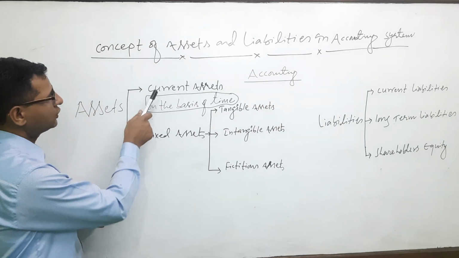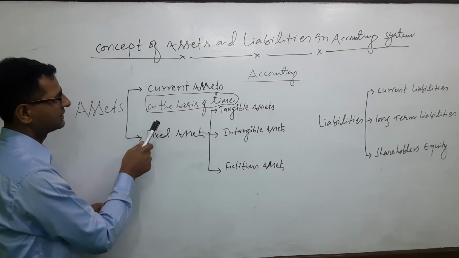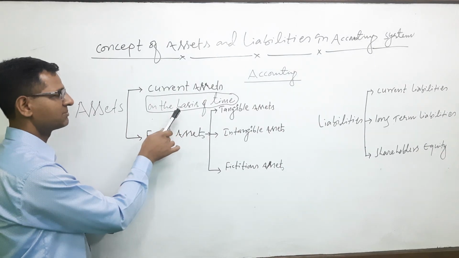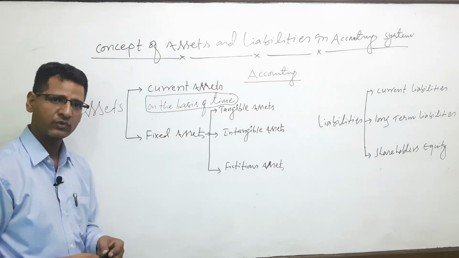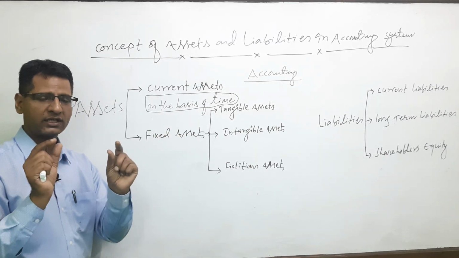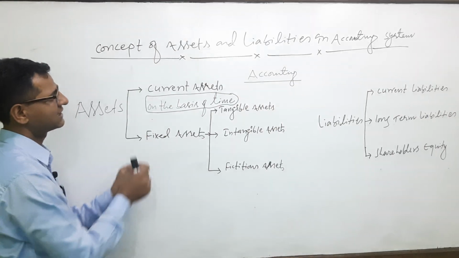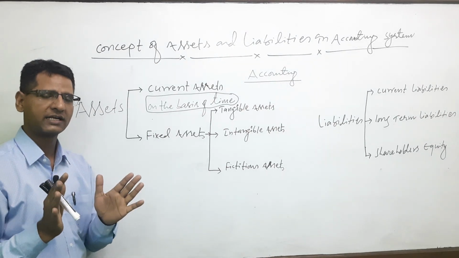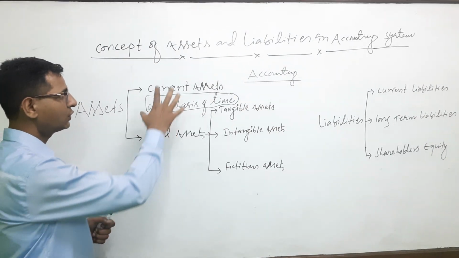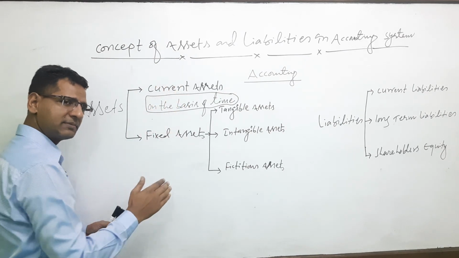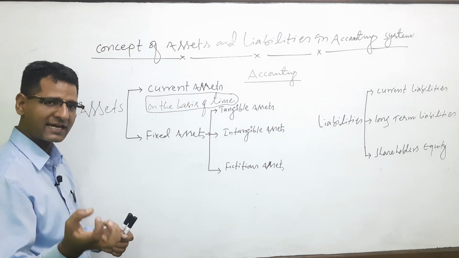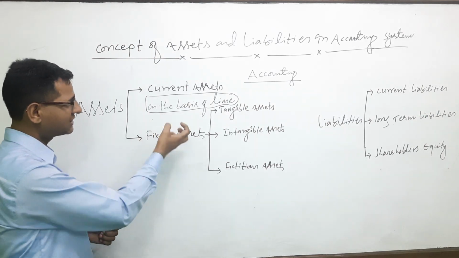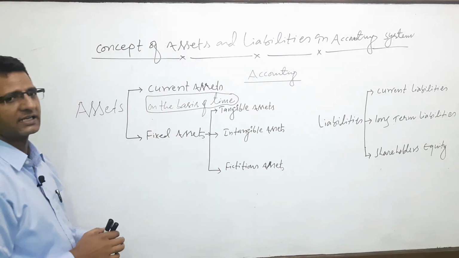So those assets or properties which we as a businessman can change into cash or cash equivalent within one accounting year, within 12 months, such assets are called current assets.